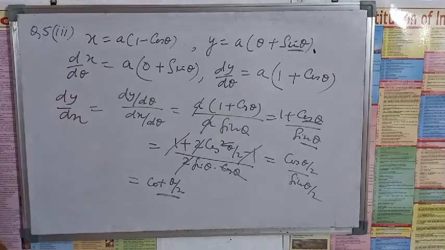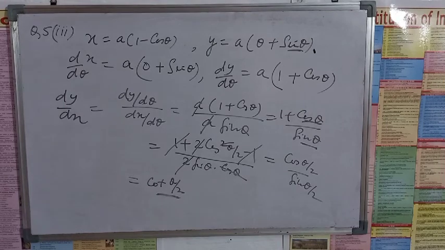It was question number 5, third part. The parameter here is theta, so we have to differentiate both x and y with respect to theta. Question number 6 is also the same; we have to find dy by dx.